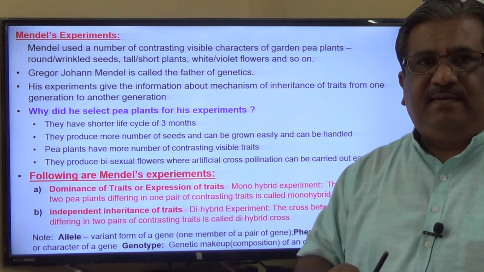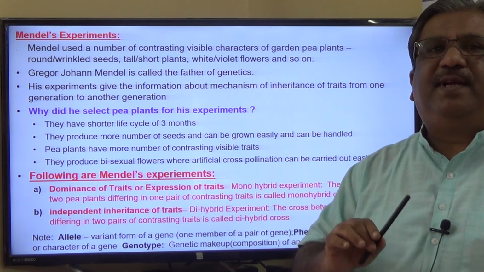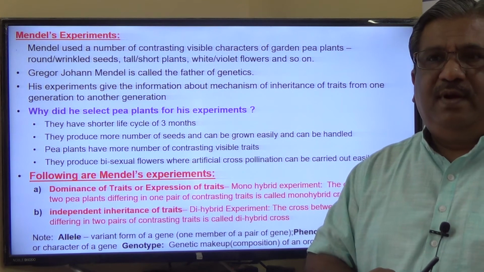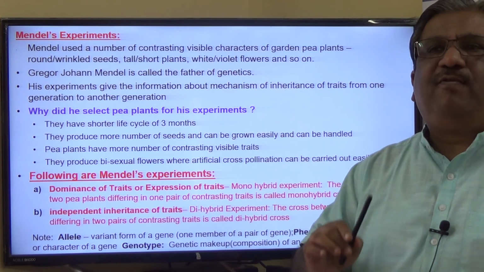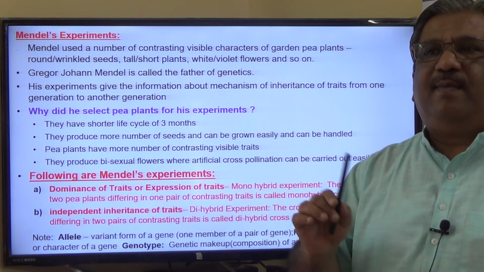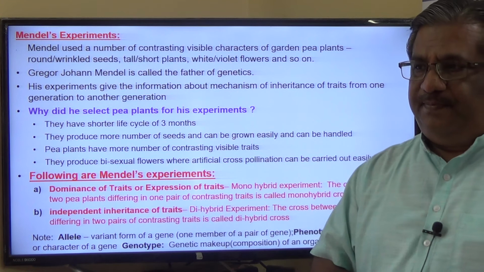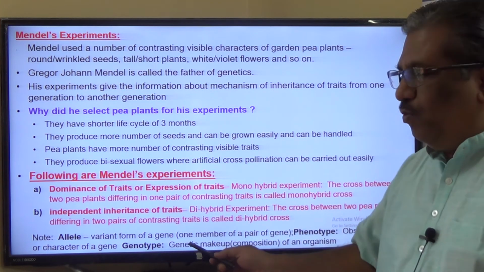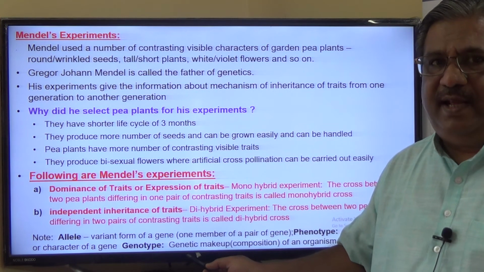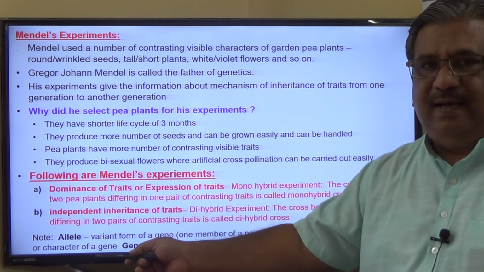Tallness is a character represented by capital T, capital T. This is a pair of genes or factors that determines tallness. In that T and T, if I consider only one member, that is one T, that is called an allele.